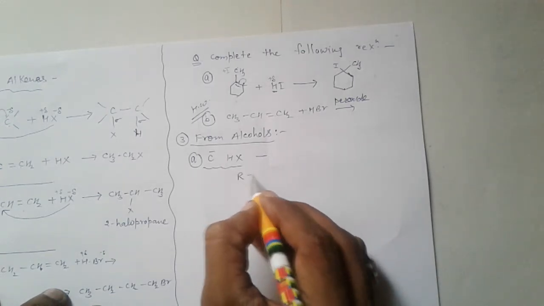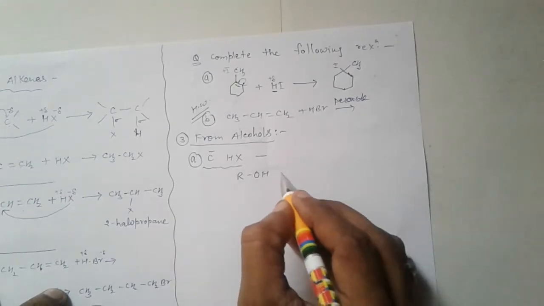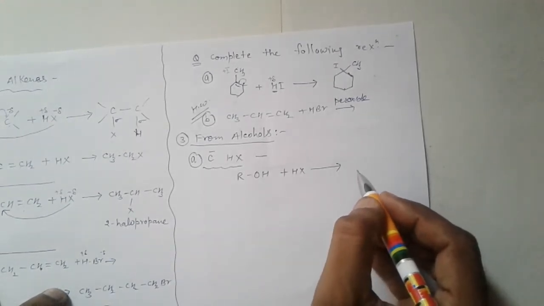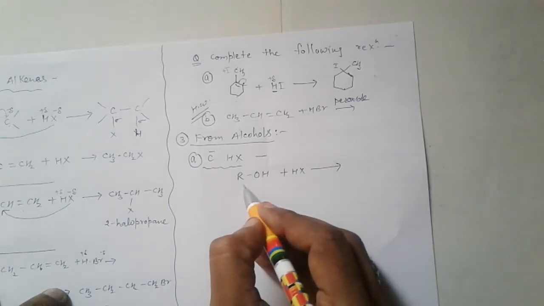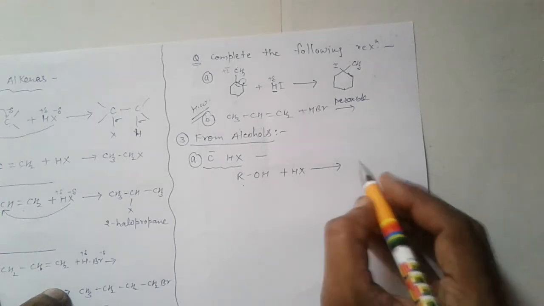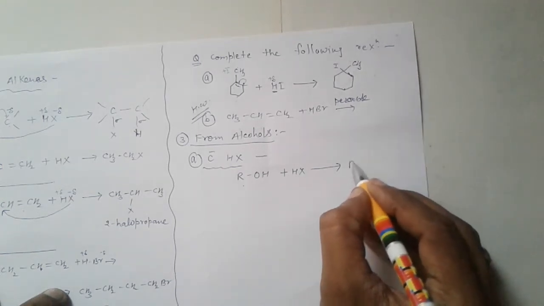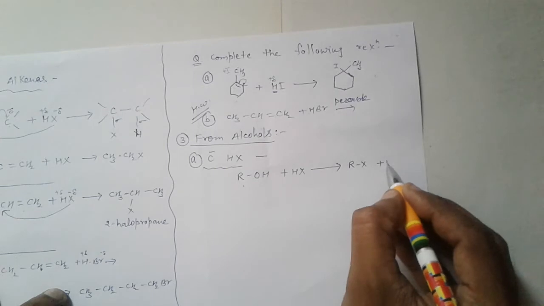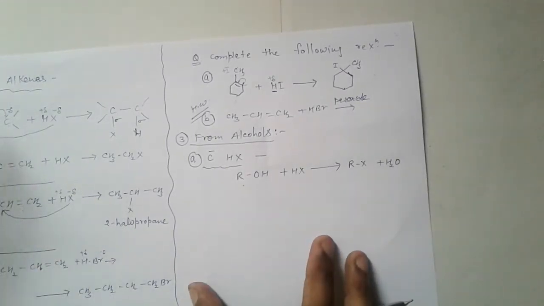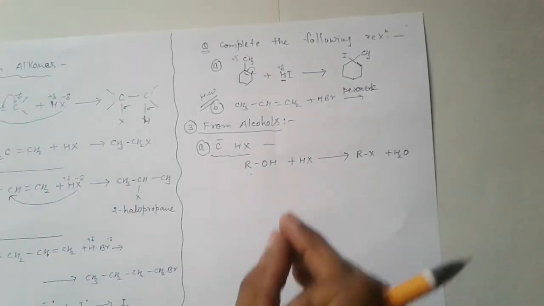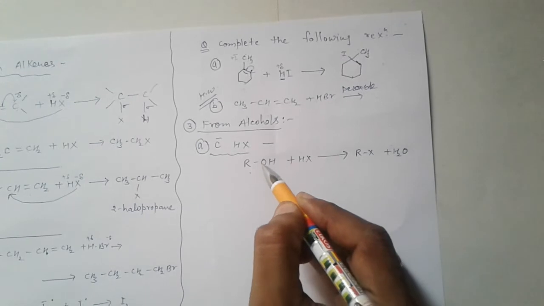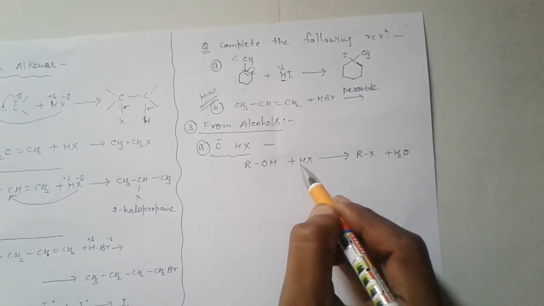So it is alcohol molecule and it is HX molecule. Alcohols react with HX, then haloalkane is formed. And here byproduct is water molecule. Here rate of reaction depends upon the nature of alcohol and halogen acids.